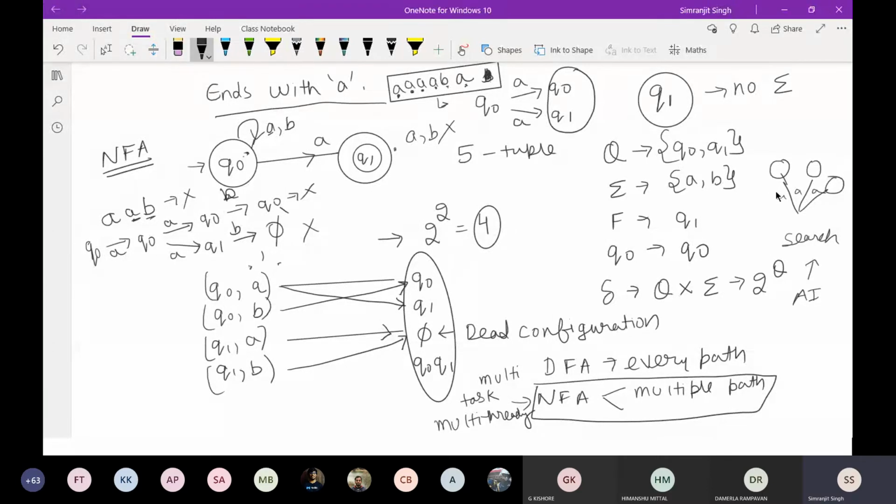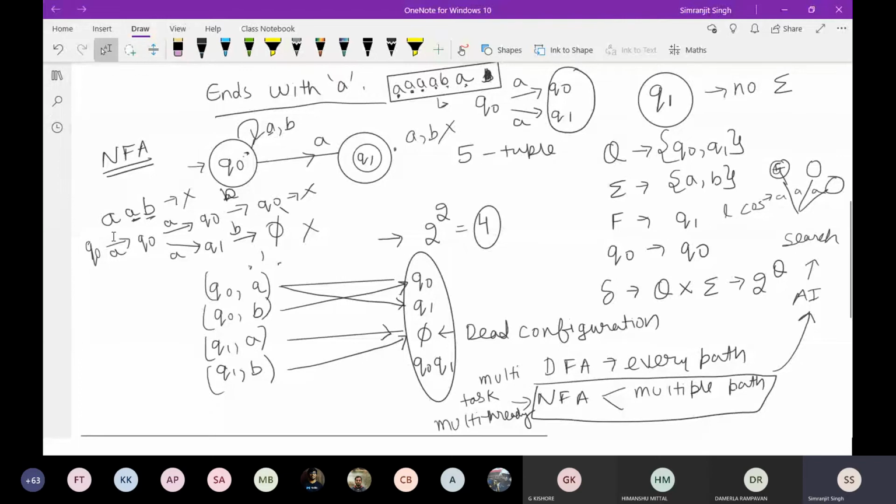The path that leads to the final goal state, and takes the least amount of cost, is considered the best path. So the application of this NFA is in AI path searching, in multi-threading, and in various other domains. I will explain that again.